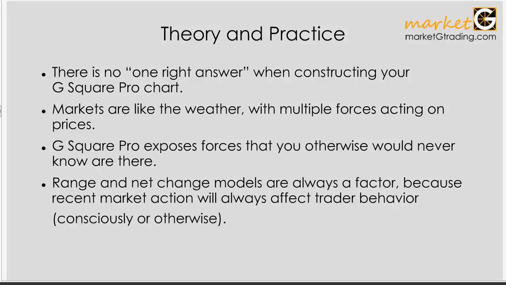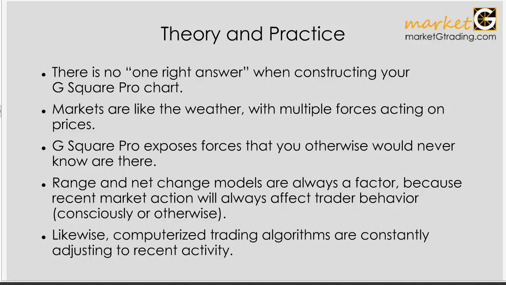The range and net change models are always a factor because recent market action will always affect trader behavior, consciously or otherwise. Likewise, computerized trading algorithms are constantly adjusting to recent activity.